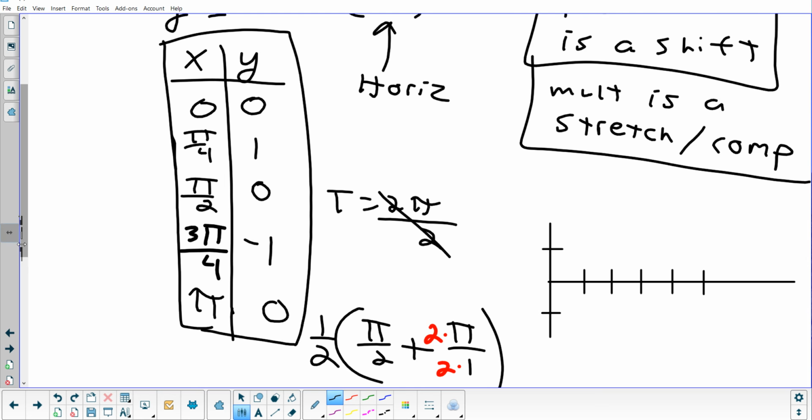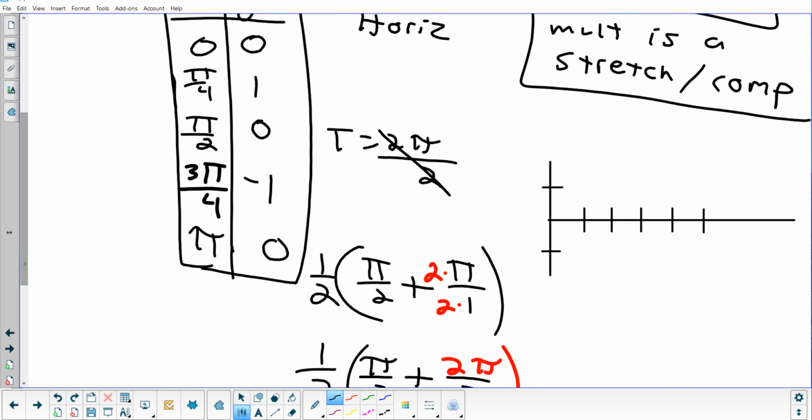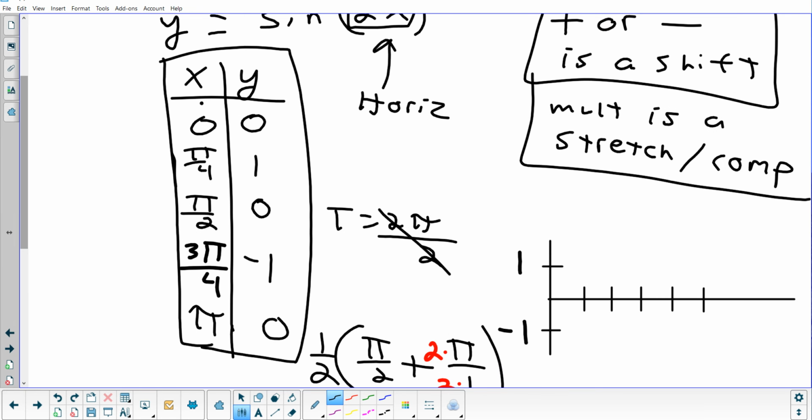All right, so now let's do our sketch. Today, the y values are always going to be as high as 1 and as low as -1. You're not going to have to adjust that. What you do have to adjust is your x values. Now, these x values are all equally spaced. How do we know that? Because we found them by averaging. Whenever you average something, it always gives you what's exactly in the middle.